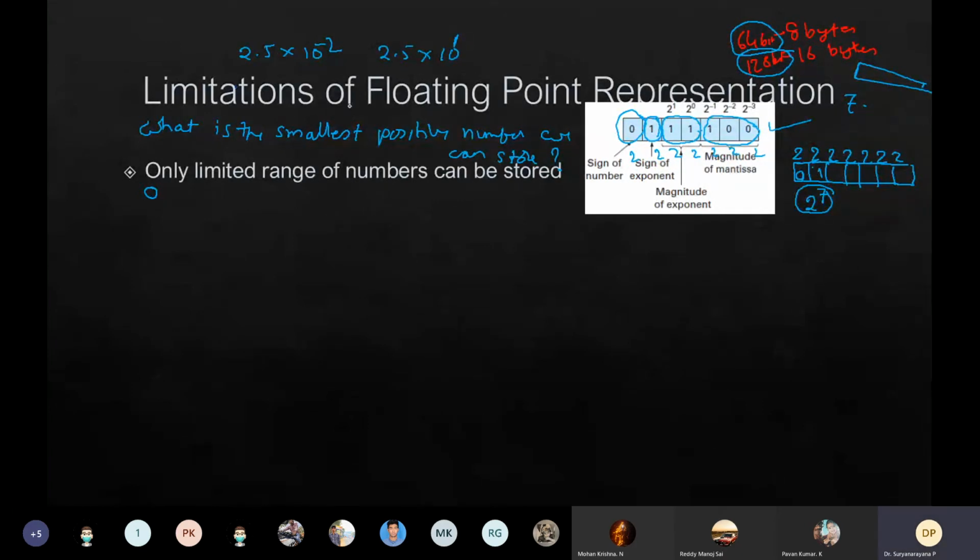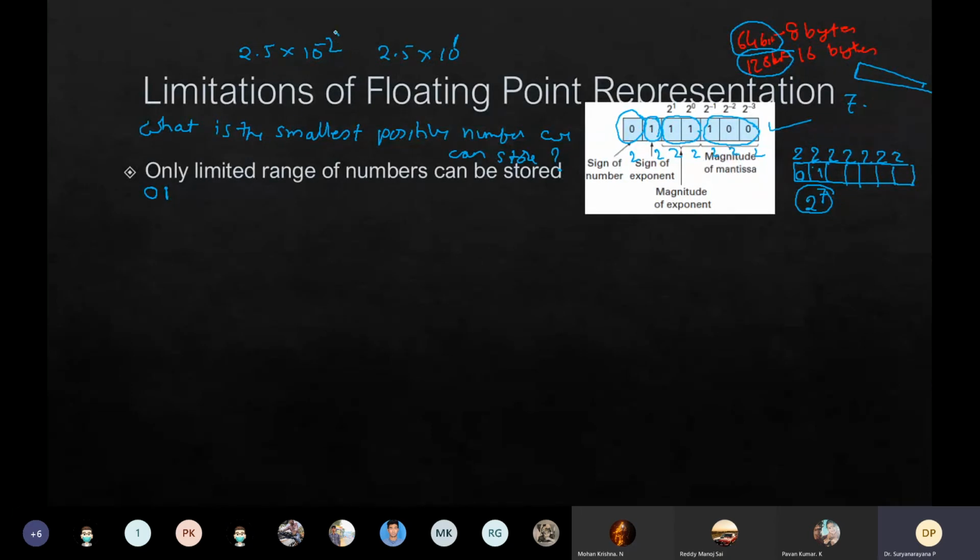Which one is smaller? Negative 2, yeah. The mantissa is positive in both cases, but whichever has the negative exponent, that's smaller, right? So you want a negative exponent. I'll say 1 there. This is exponent.